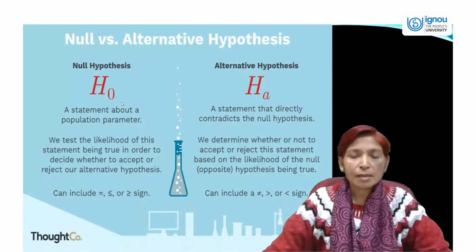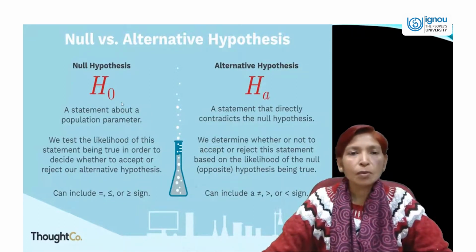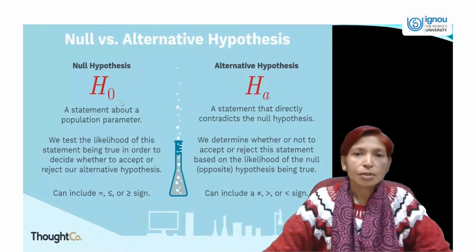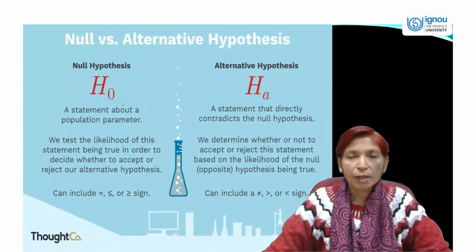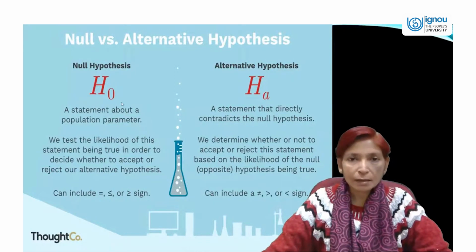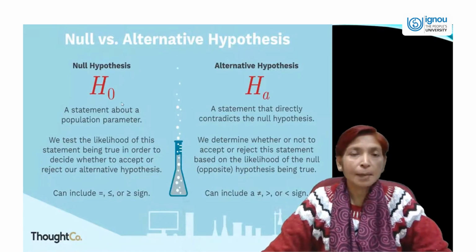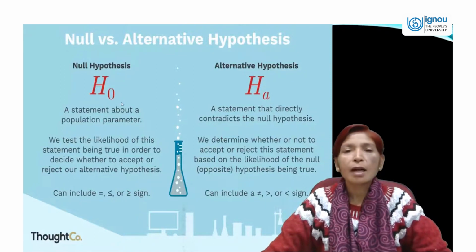So the null hypothesis and alternative hypothesis are the two types of hypothesis, and both are used for hypothesis testing in research. If the null hypothesis is rejected, then there is significance to the alternative hypothesis, and if the null hypothesis is accepted, then there is no use for the alternative hypothesis.